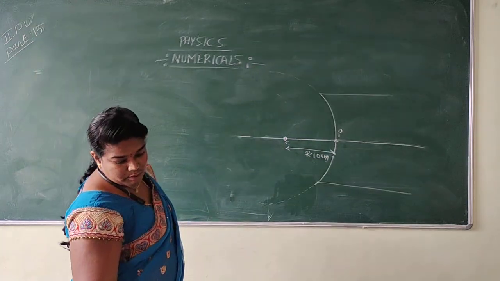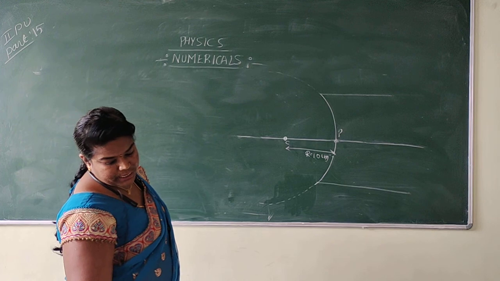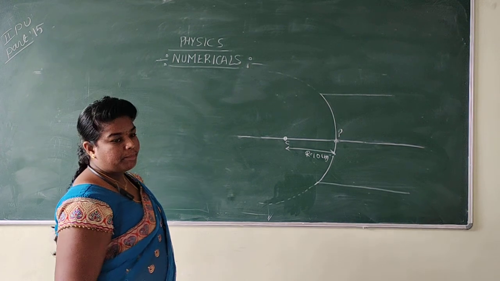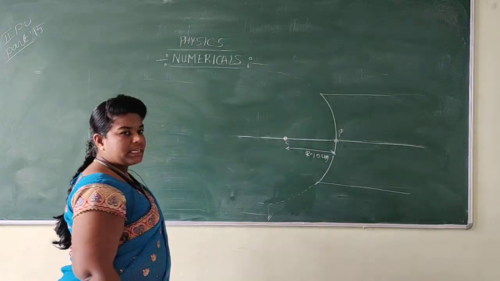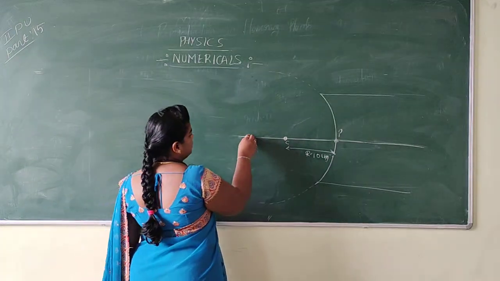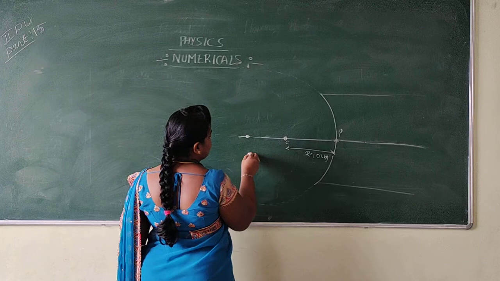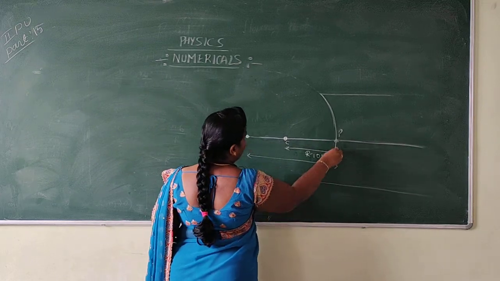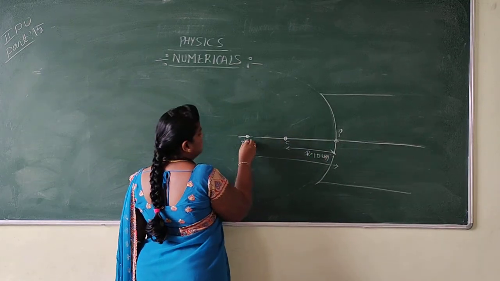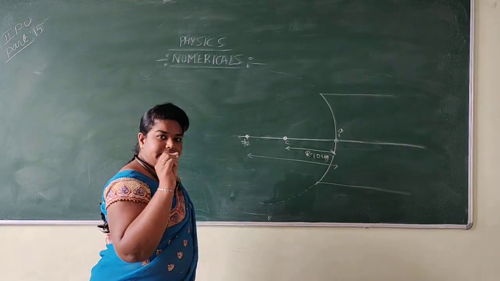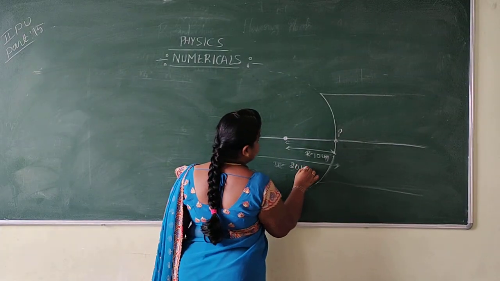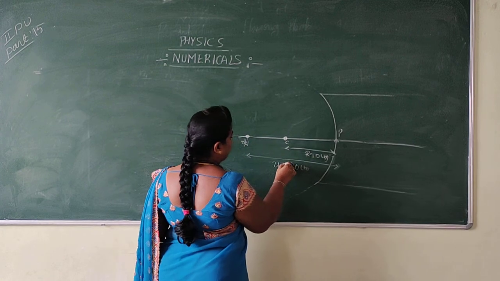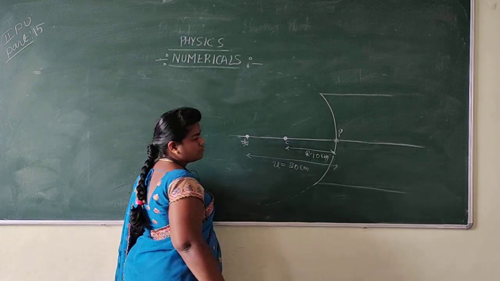Where the object is placed 20 from it in a rarer medium. At what distance from the rarer medium have they kept it? They have placed it at 20 centimeter, exactly twice this. Distance between the pole and the object is called object distance. So what object distance have they given? 20 centimeter. Let us apply the sign convention afterwards.